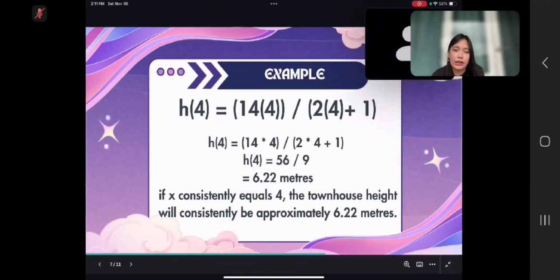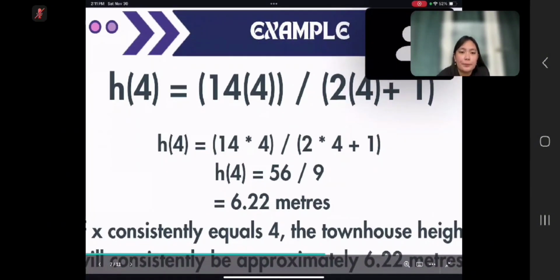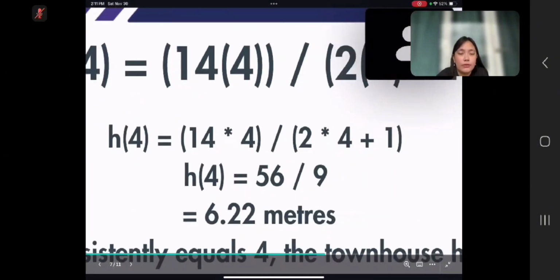This is the example that I wrote for today's session. If the seismic resistance is 4, this is what it would look like: h of 4 equals 14 times the quantity 4 over 2 times the quantity 4 plus 1.